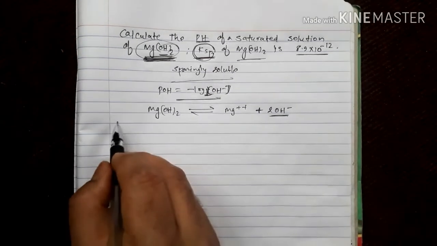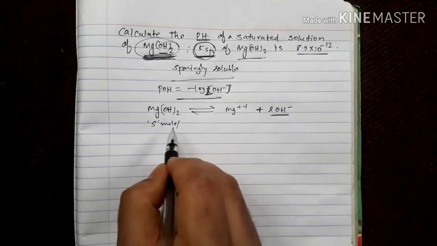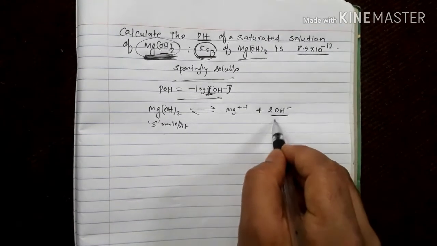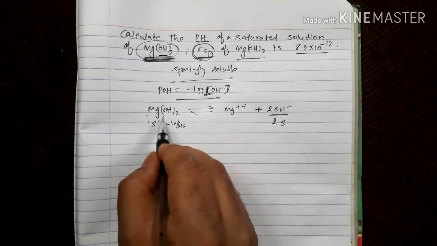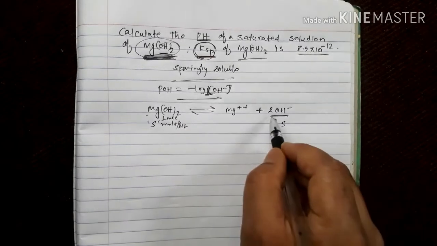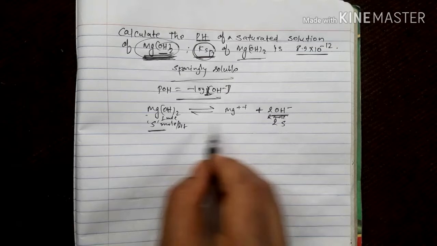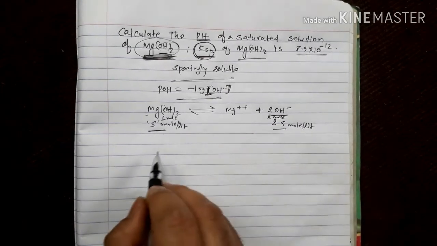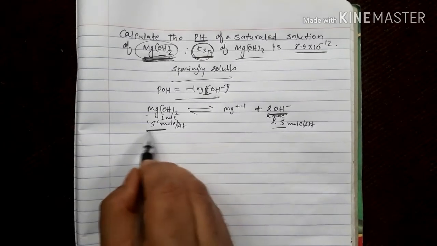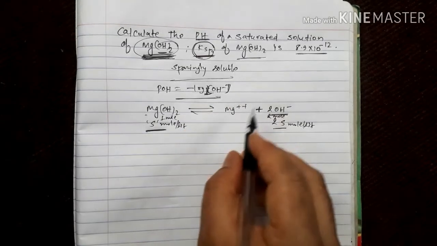Let the solubility be S mole per liter. When 1 mole dissolves, it gives 2 moles of OH minus. When S mole is dissolved in 1 liter, it gives 2S mole per liter. Now you have to find the solubility of magnesium hydroxide from the Ksp.